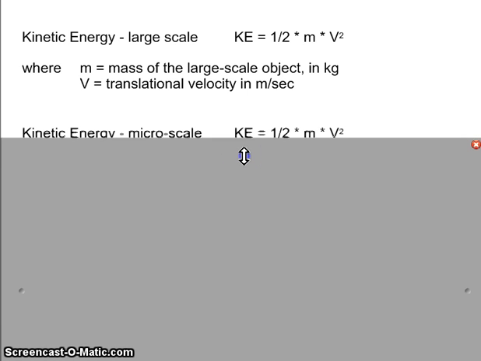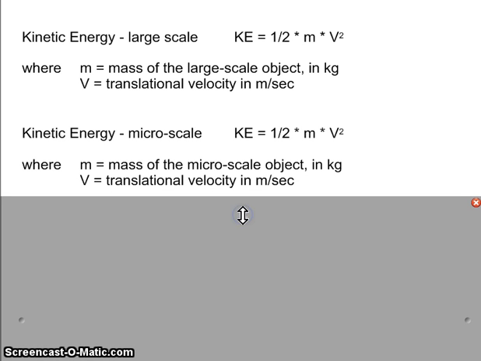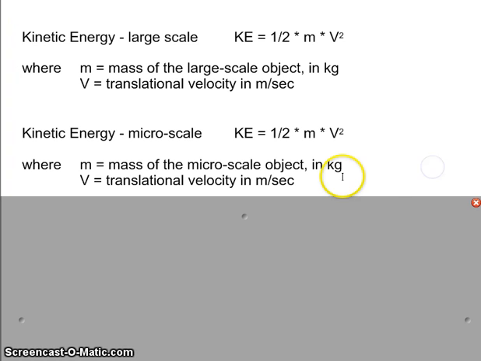Let's zoom down and think about particles. We've thought about particles quite a bit, and here again, the formula is exactly the same, the thinking is exactly the same, but one can imagine that the masses would be, of course, much, much smaller. So if you're talking about a proton, it could be 10 to the minus 27th kilograms, whereas an apple could be a quarter of a kilogram or something like that.